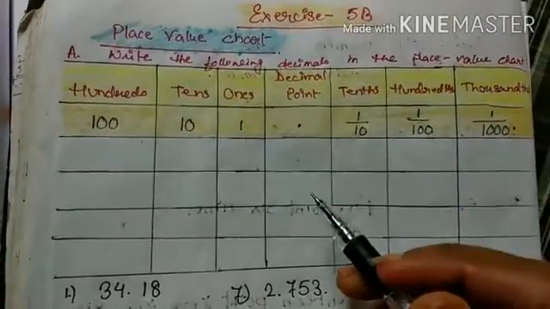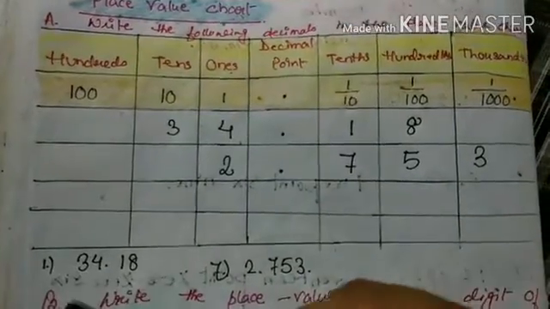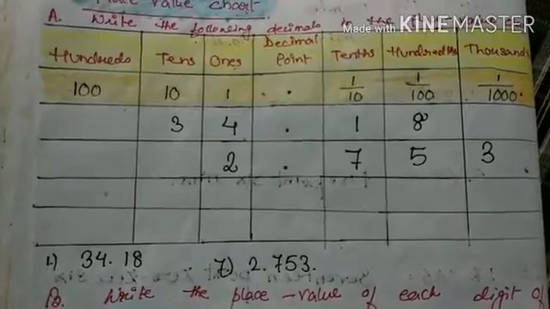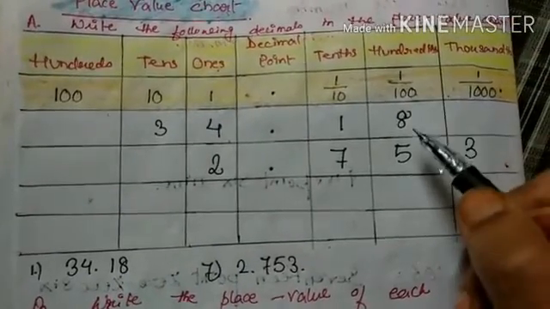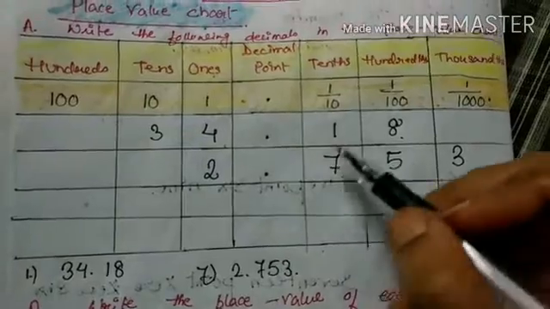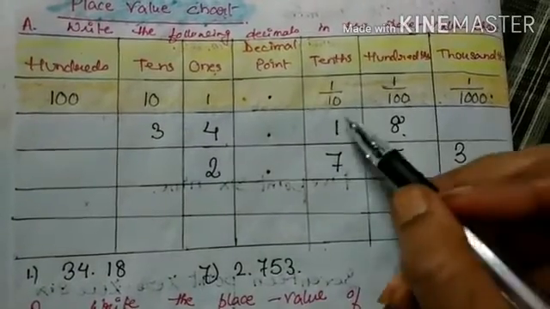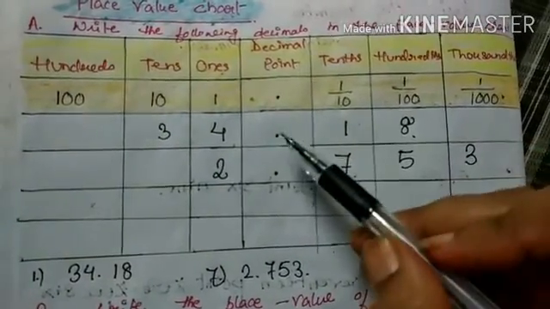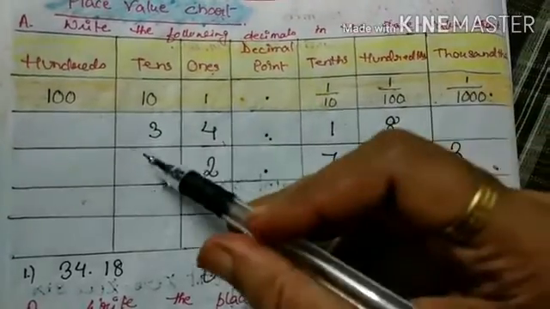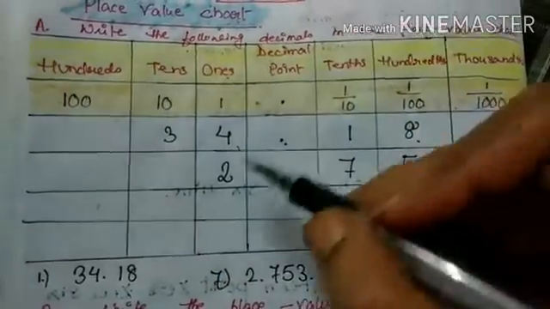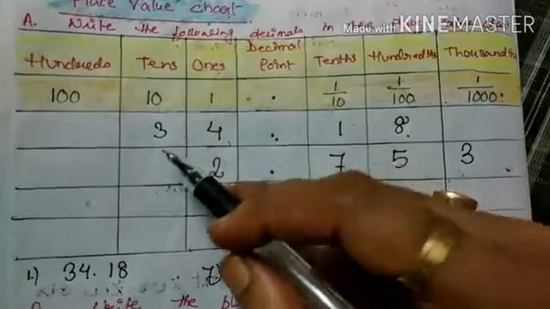So number 1, 34.18. 8 in the hundredths place, then 1 in the tenths, then the decimal point, then 4 in the ones place and 3 in the tens place.